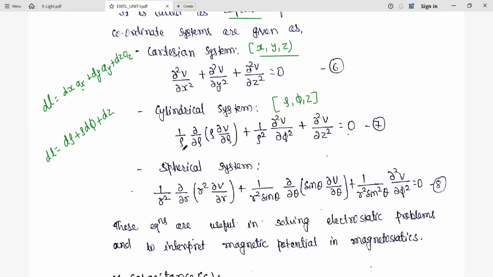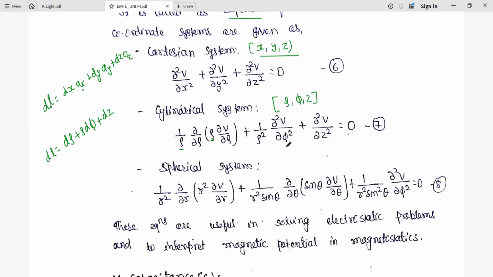Here you see the double differentiation, and ρ is multiplied inside and outside, in both numerator and denominator, so this equation is balanced. Finally, this ρ we can't take outside, since it is inside the derivative. The first term is 1/ρ ∂/∂ρ (ρ ∂V/∂ρ).